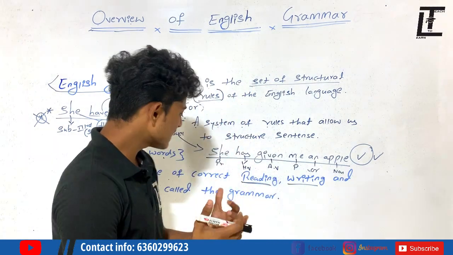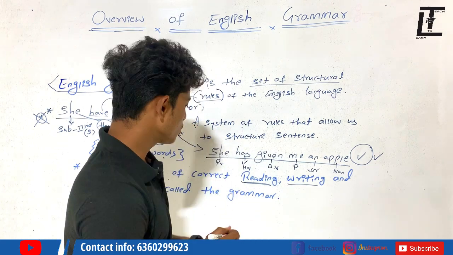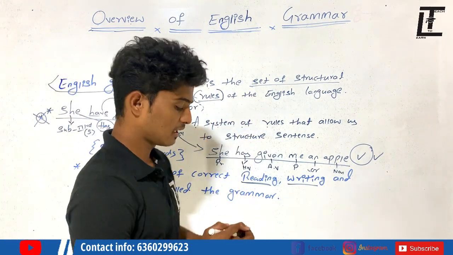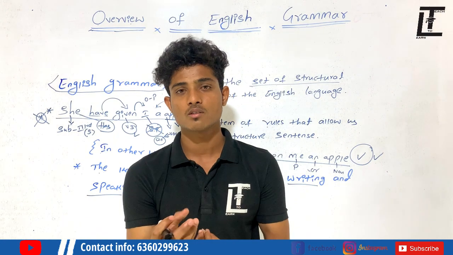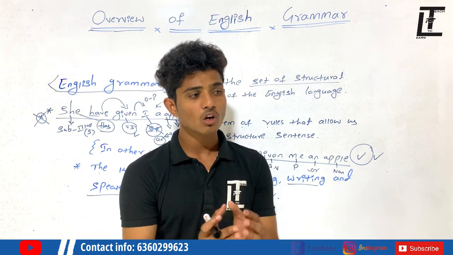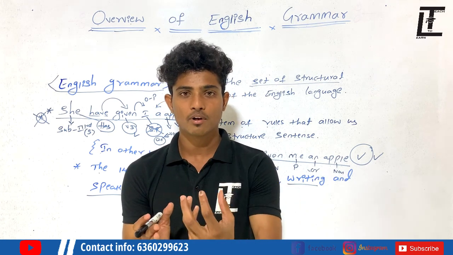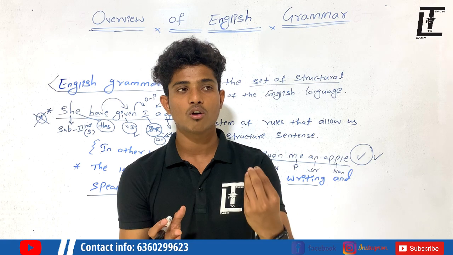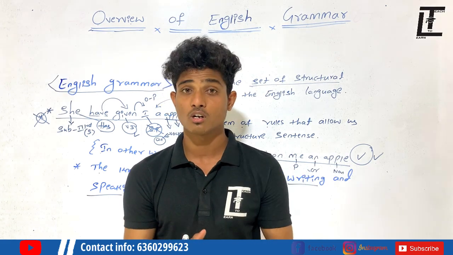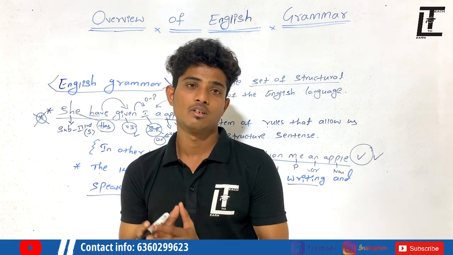So I say that if you want to become a good English speaker, please go through the rules and the structure of the English language, and by reading the rules and the structure, one can be very good at English. English can be spoken without grammar, but to communicate professionally and to work in any company, you need proper grammar skills.